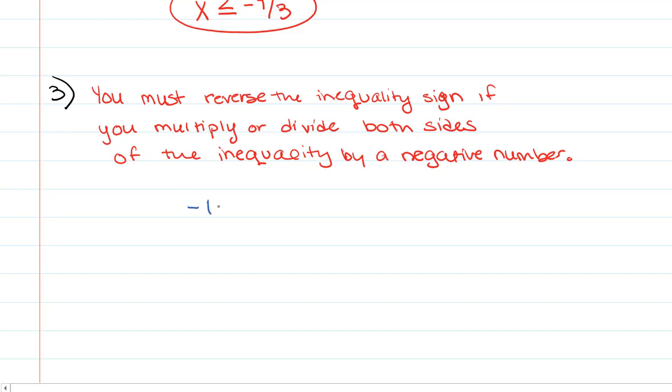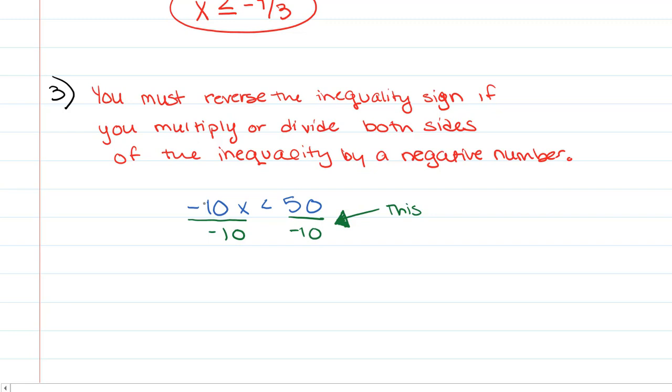And to help you understand it, let's do this example here. So if I have negative 10x is less than 50, one way to solve this here is to divide both sides by negative 10. So this is what I'm talking about when I say if you divide both sides of the inequality by a negative number.